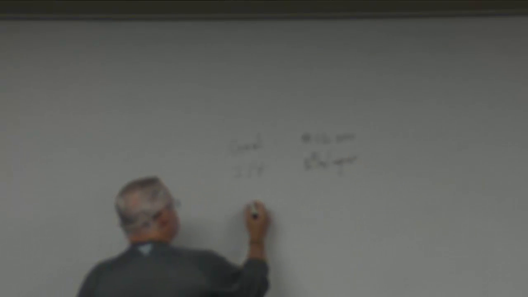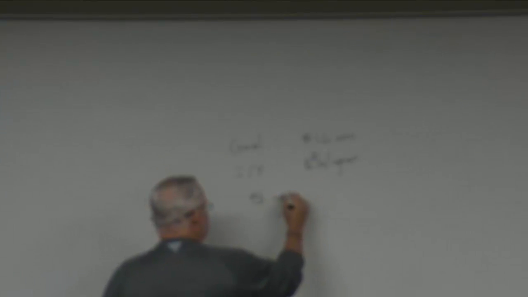I've got 5 years to make this happen. How much money do I need to put in the bank today in a lump sum? And once again, second clear to begin.